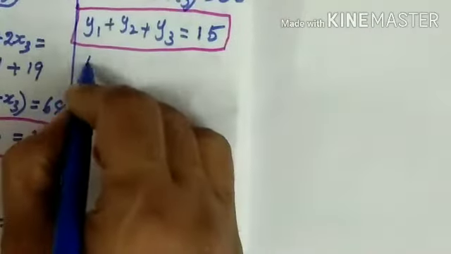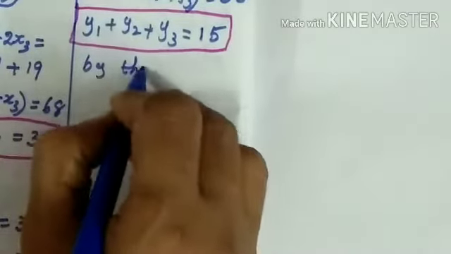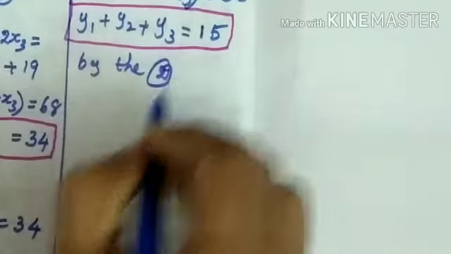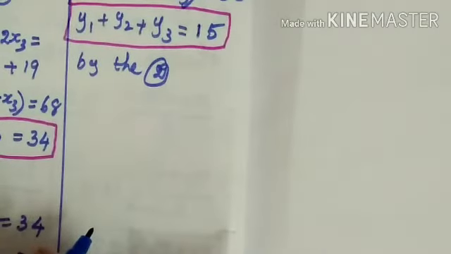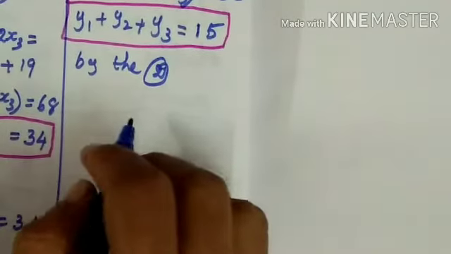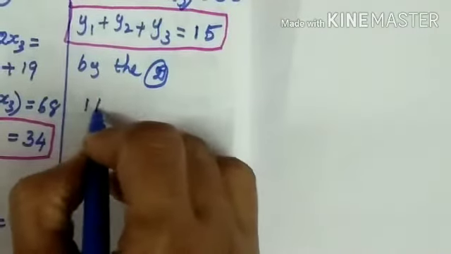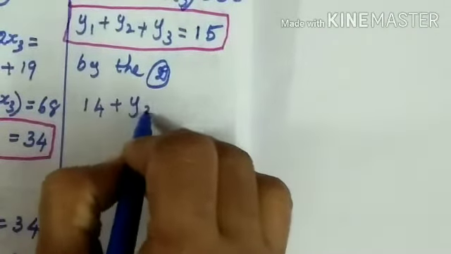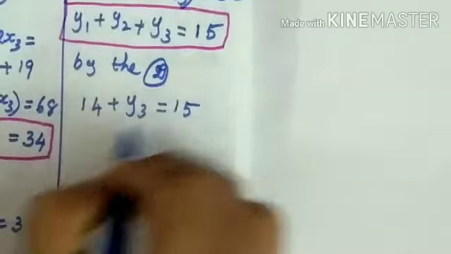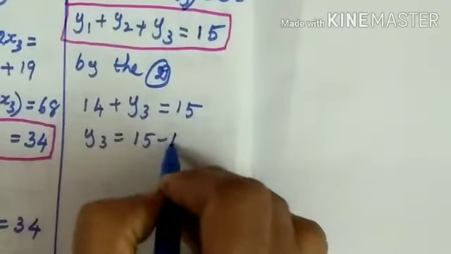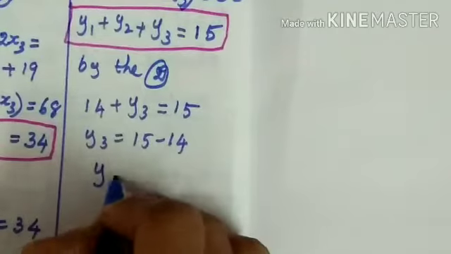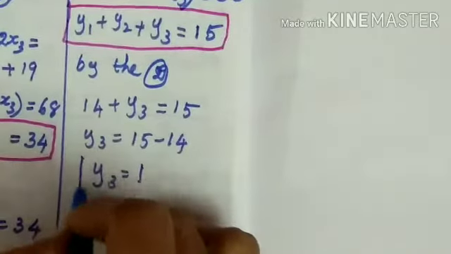Now, by the second equation, we have y1 plus y2 is equal to 14. Therefore, 14 plus y3 is equal to 15. y3 is equal to 15 minus 14. y3 is equal to 1.